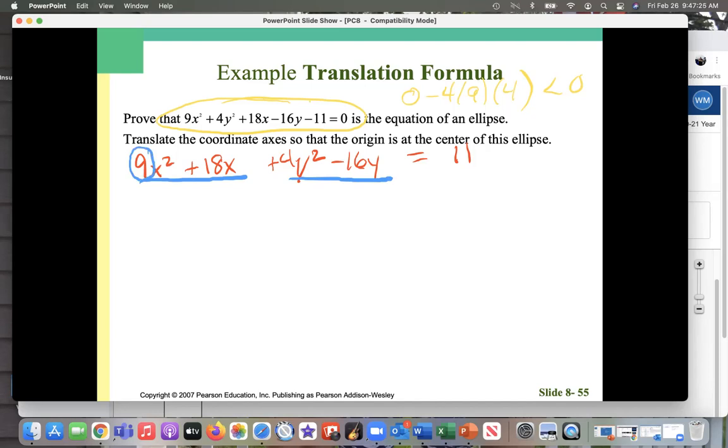So here we go. 9 times x squared plus 2x plus blank. All right, I'm going to stop there and we'll say that one's good. We're ready to complete the square now. Same idea. Am I going to be able to complete the square here if that's a 4? No, I really can't. I don't want to because it makes it more complicated. So we're going to do the same thing. We're going to factor that out here.